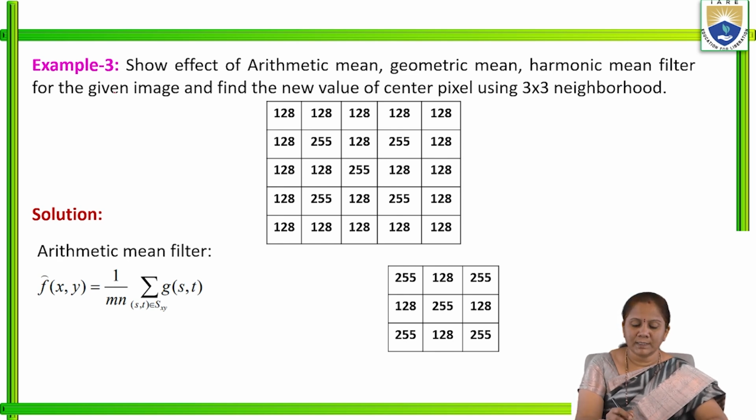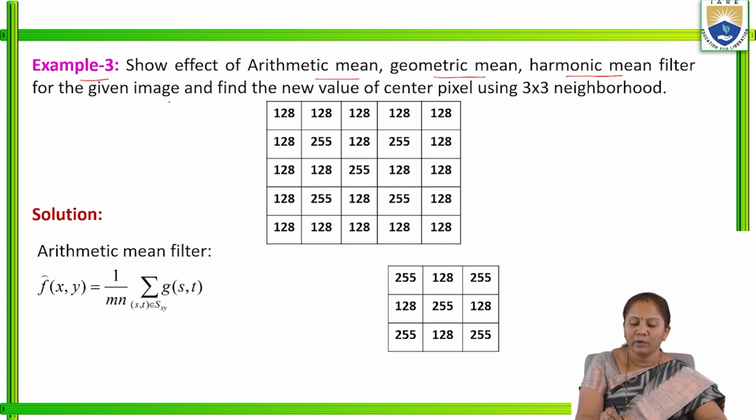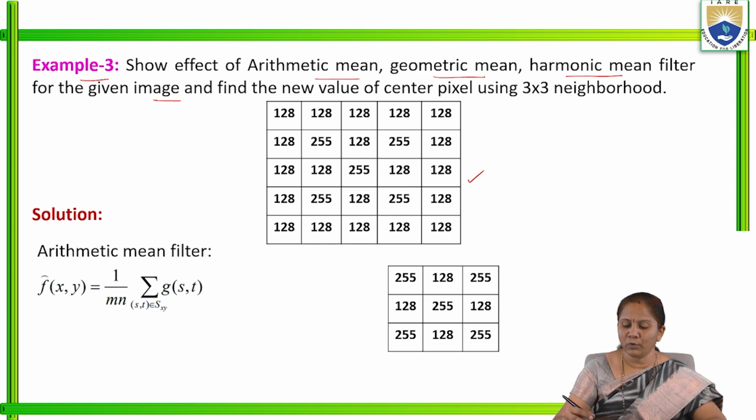And the next example is: show the effect of arithmetic mean, geometric mean and harmonic mean filter for the given image. So this is the given image, 1, 2, 3, 4, 5 and 1, 2, 3, 4, 5.